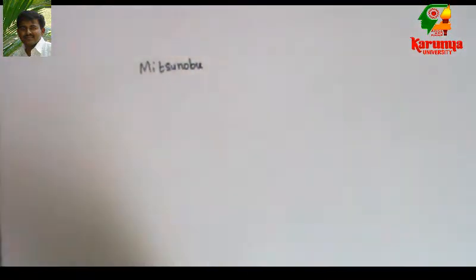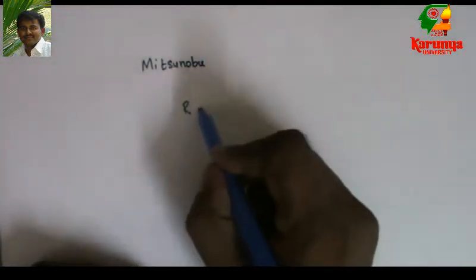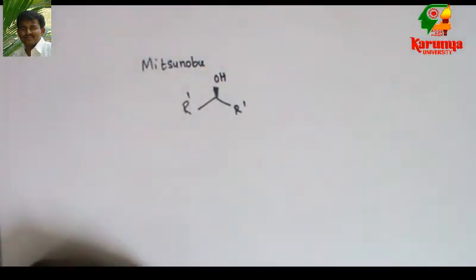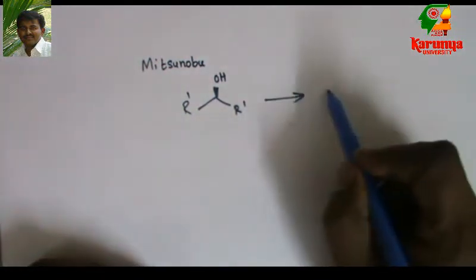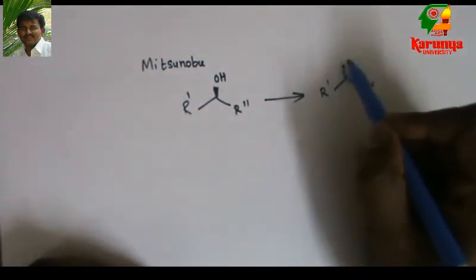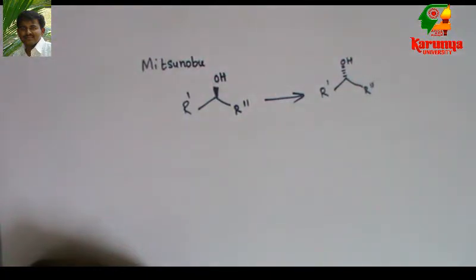Now, let us go to the first one, that is the Mitsunobu reaction. You might have come across this reaction. Generally, it is used to invert the stereochemistry of an alcohol. For example, if there is an alcohol like this, to convert this to this one, we use the Mitsunobu reaction.